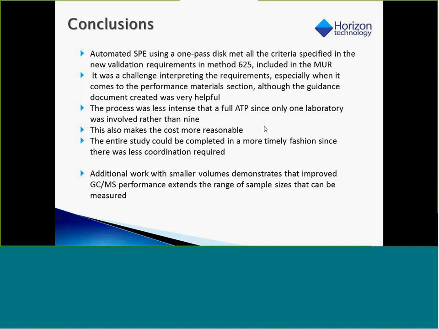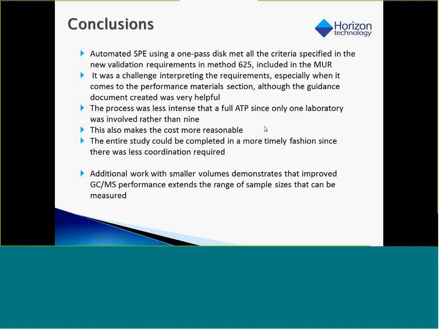The process was less intense than a full alternative test procedure, since only one laboratory was involved rather than 9. This also makes the cost more reasonable. The entire study could be completed in a more timely fashion since there's less coordination required.